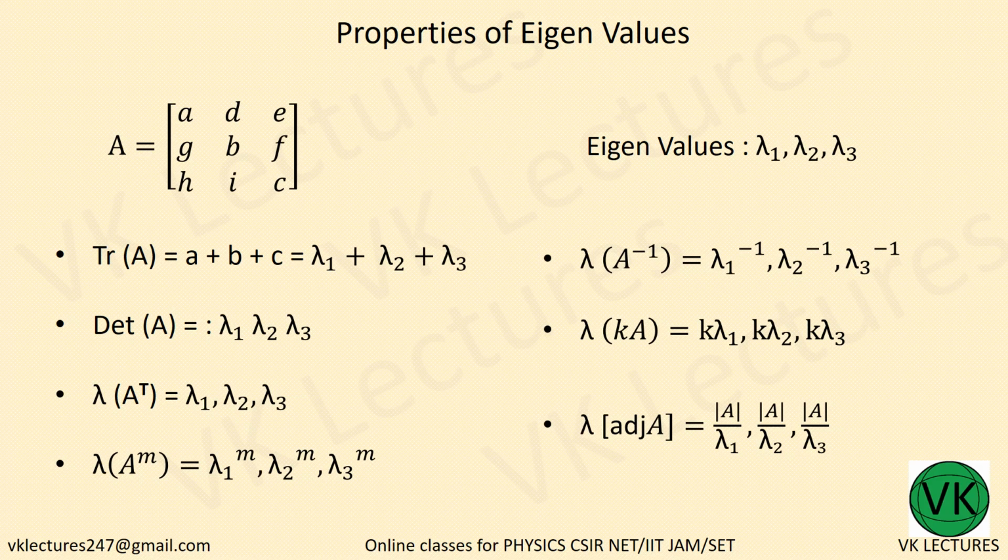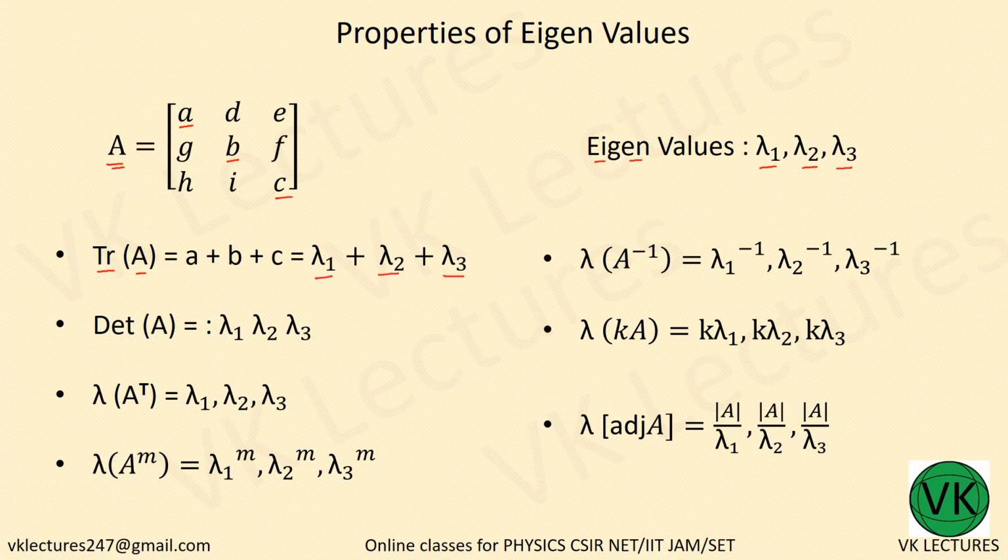Properties of eigenvalues. Now suppose you have a matrix A given by a, b, c, d, e, f, g, h, i, and the corresponding eigenvalues are lambda 1, lambda 2 and lambda 3. Then the trace of the matrix A, given by a plus e plus i, will be equal to lambda 1 plus lambda 2 plus lambda 3.